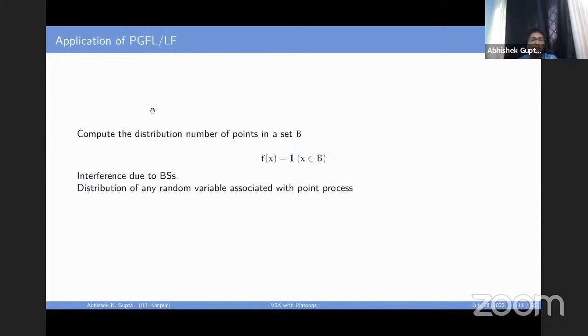Similarly, you can use this PGFL to compute the interference, because that can also be written as a summation over all base stations. Similarly, you can compute basically any random variable associated with the point process using the PGFL and Laplace functional.